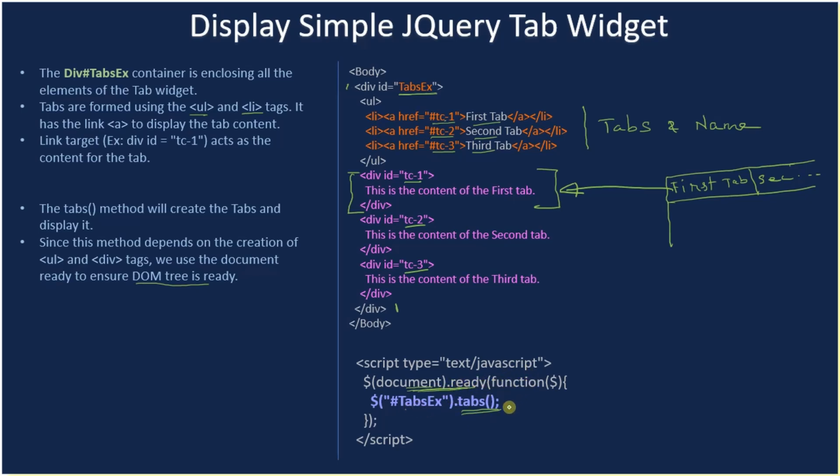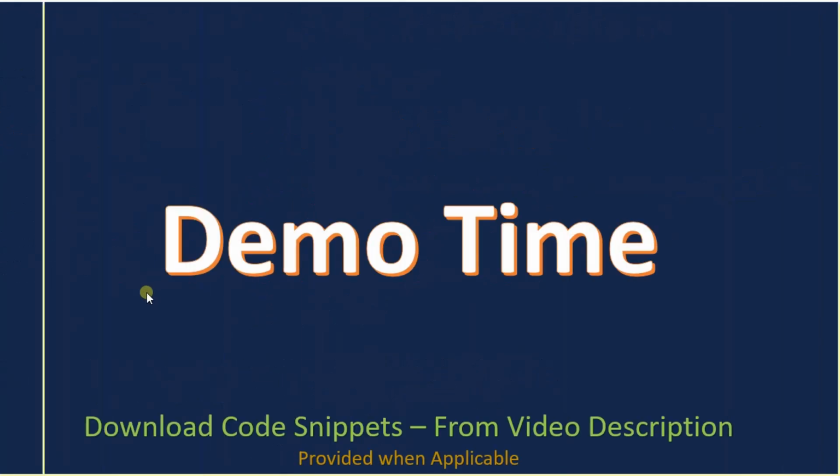When you are inside the handler function, it means that all the contents are ready. Since this tabs method depends on the creation of the UL and div tags for the content, we use document ready to ensure the DOM tree is ready.